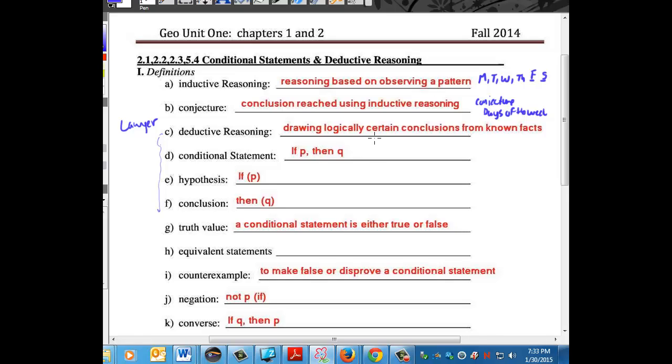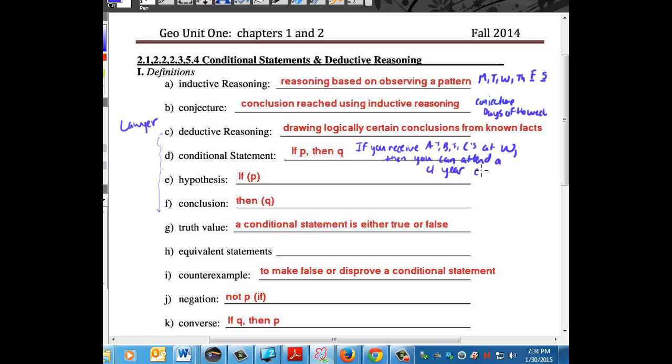For right now, I want you to write this down. Let's say if you receive A's, B's, and C's at Westview, we'll just place W, then you can attend a four-year college.